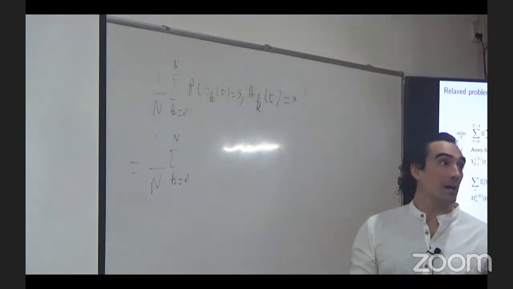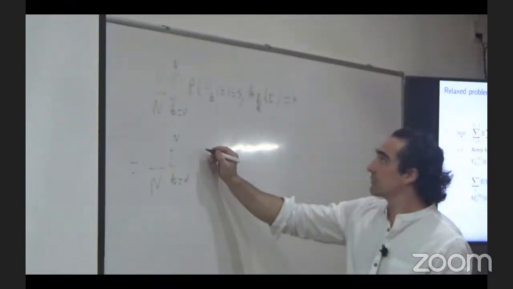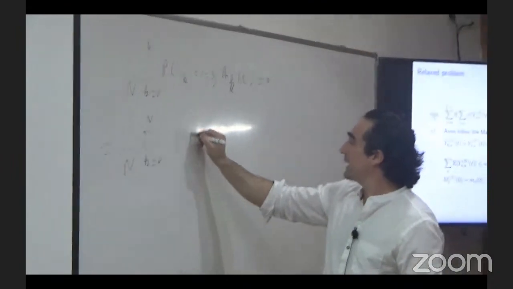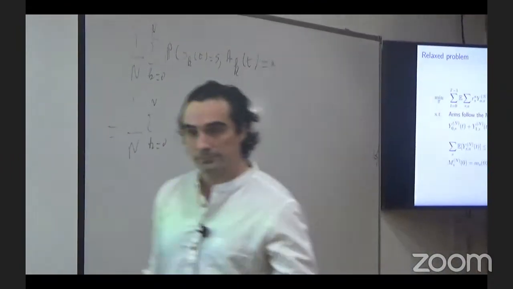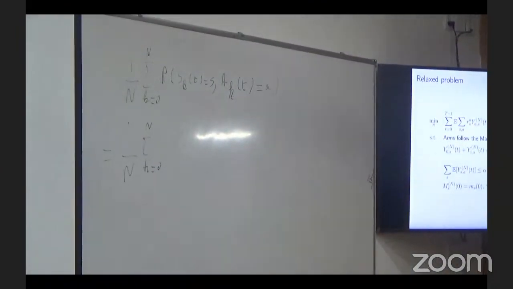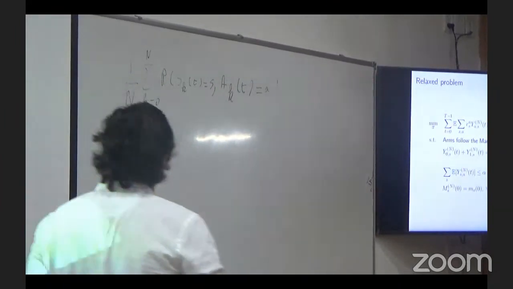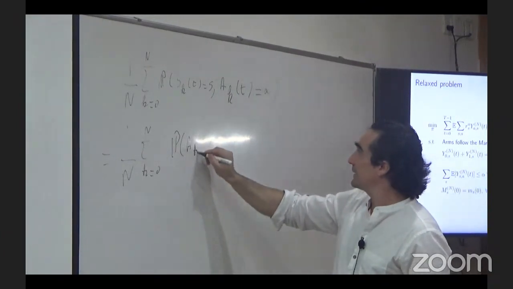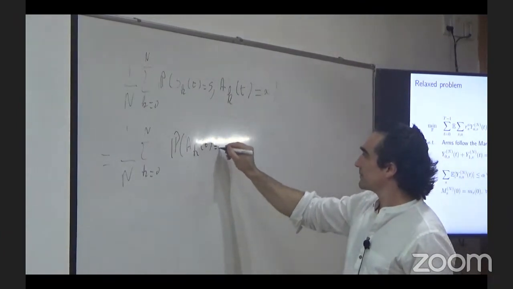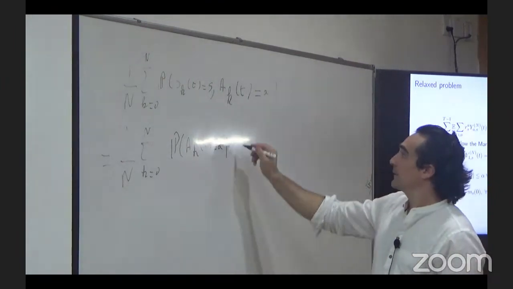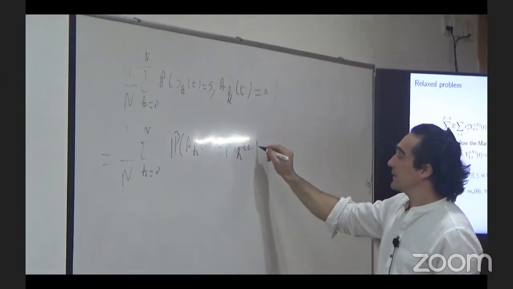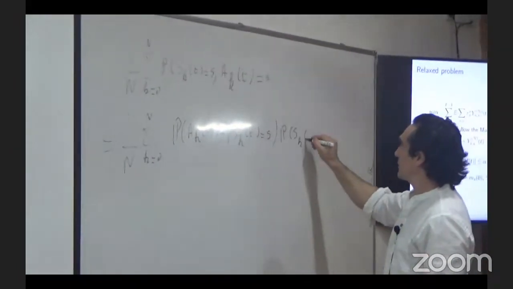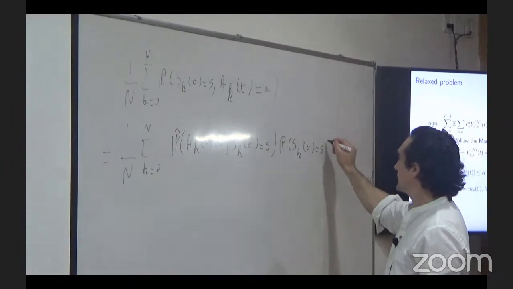The probability is just a fraction, so it will be equal to the probability of playing Ak equal a, knowing Sk of t equal s, multiplied by the probability that Sk of t equal s.